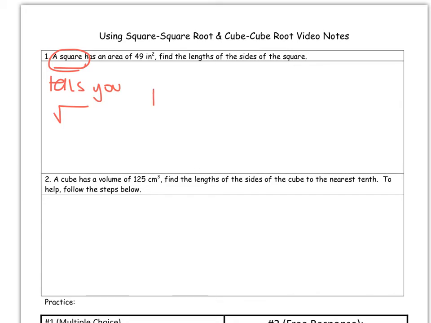So if we have a square that has an area of 49, I need to know what these two numbers are so that I can multiply them together to get 49. So I know that the two numbers that are the same are 7 and 7. So the sides of the square are 7 and 7. So we can square root 49 and get 7 because 7 times 7 is 49.